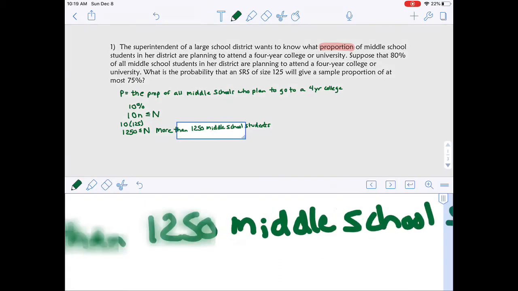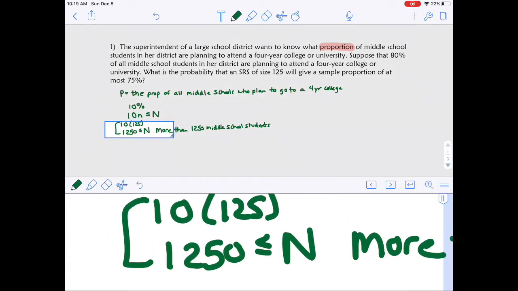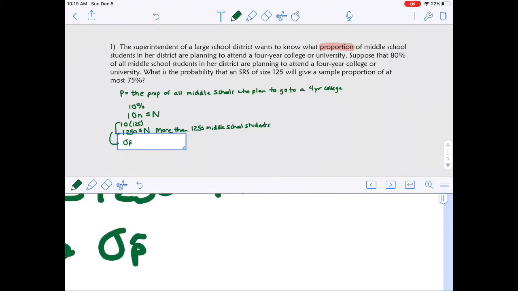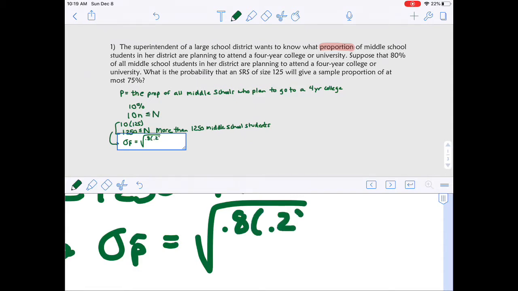So we are good with that part there, which means we can use our standard deviation. So again, we are using this to allow us to find the standard deviation of our sampling distribution. The standard deviation of our sampling distribution, again, is the square root of P, which is 0.8, times 1 minus P, which is 0.2, over our sample size of 125.